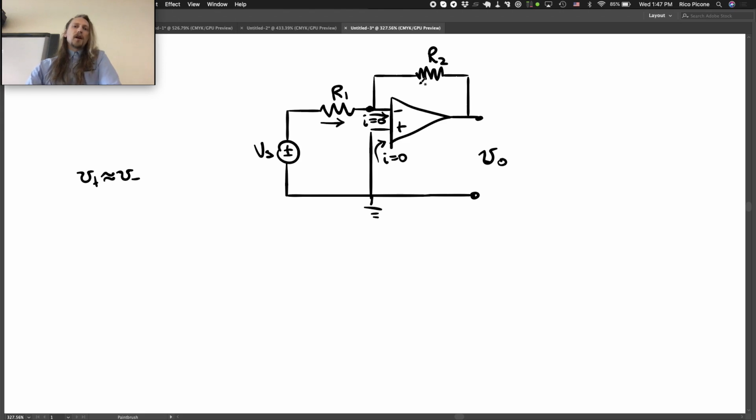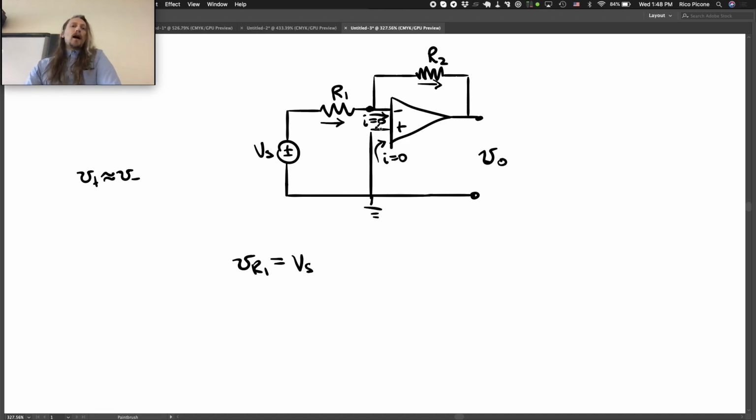If we assume our drops in this direction. So we would say that VR1 is just equal to Vs. Pretty nice, because this is essentially connected to ground.